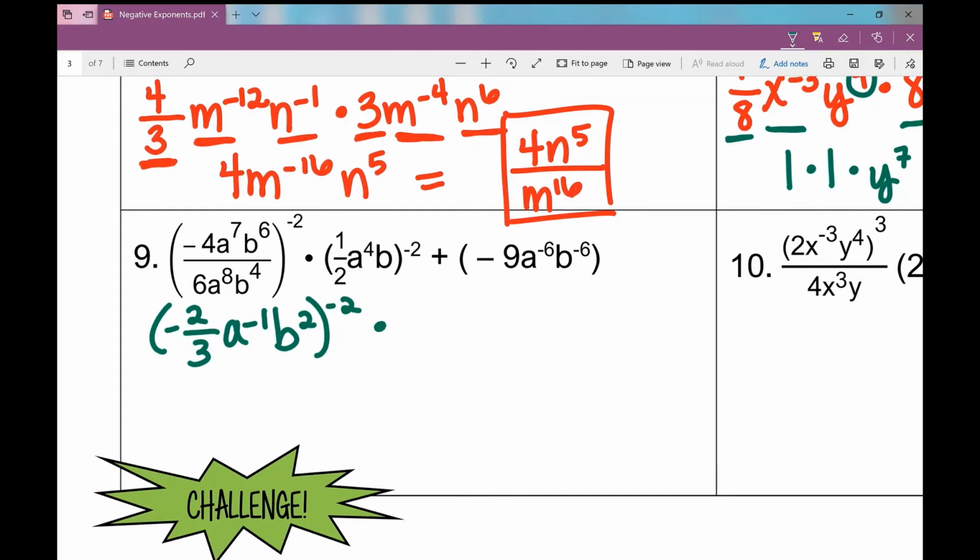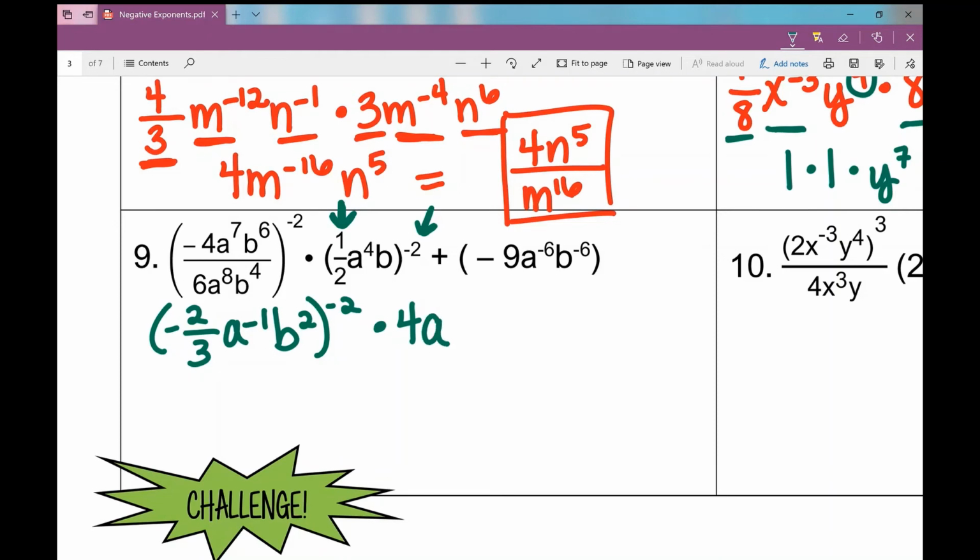Now I'm going to just do a little bit at a time. Let's do this next one: 1/2 a to the 4th times b, all raised to the power of negative 2. Let's look at our numbers first. 1/2 raised to the power of positive 2 is 1/4. So 1/2 raised to the power of negative 2 is, flip it, I get 4.